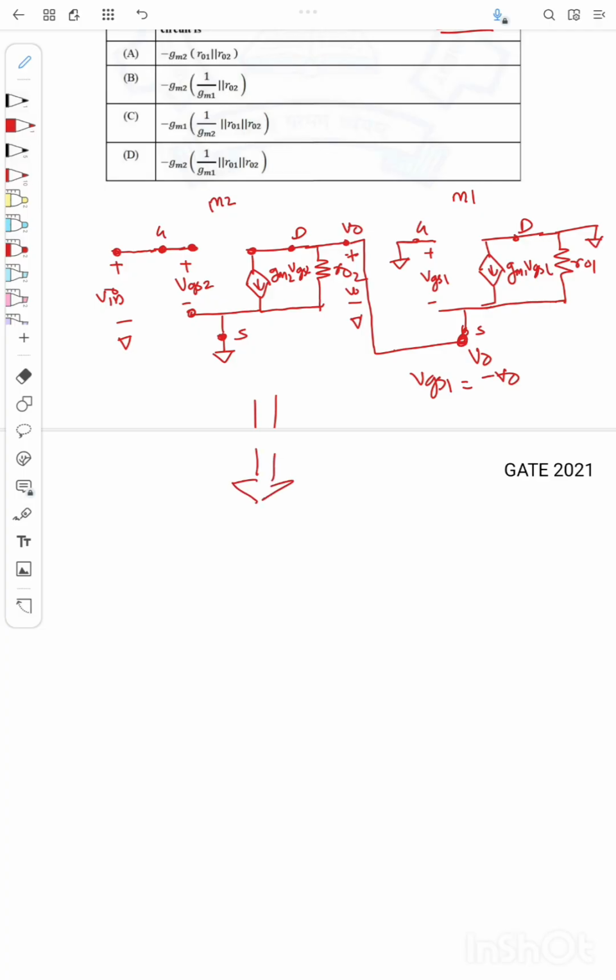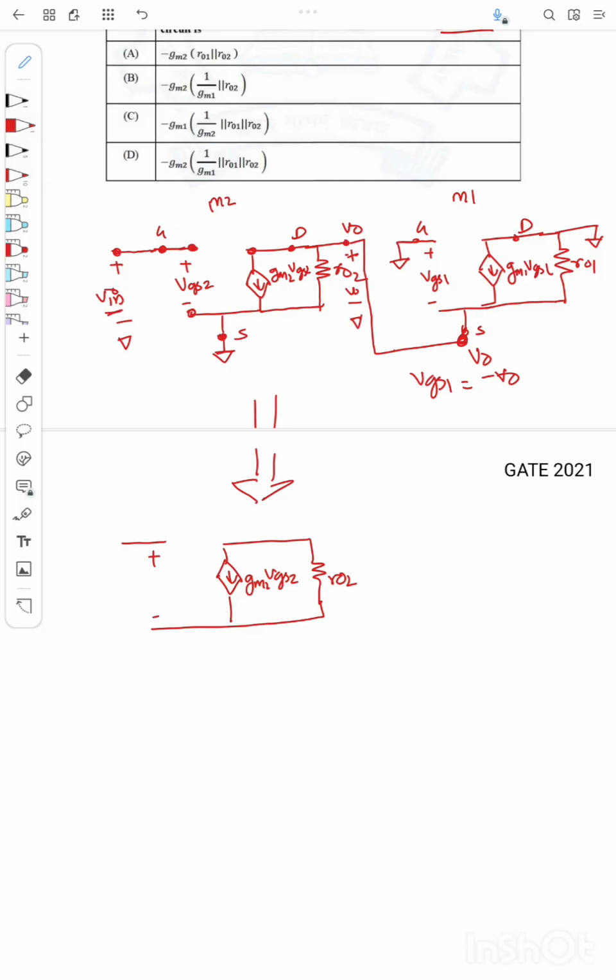I will first draw the M1 transistor's model as such. Here the source terminal is grounded and VGS is the same as Vin.